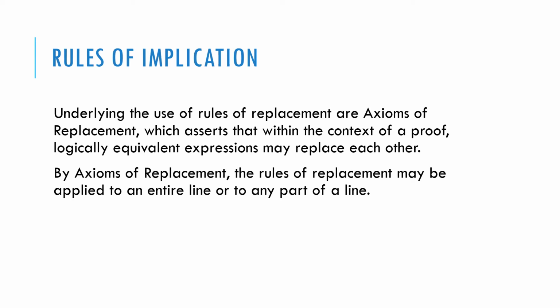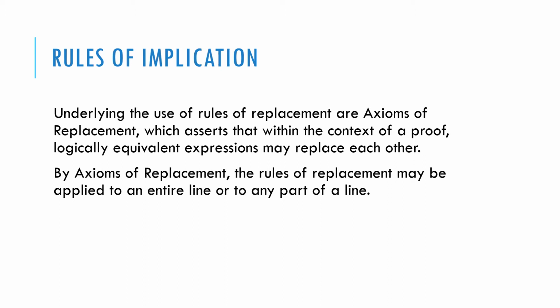So, for example, earlier in this course, we saw De Morgan's law or De Morgan's rule. This is a rule of replacement that we use when trying to write or understand arguments.